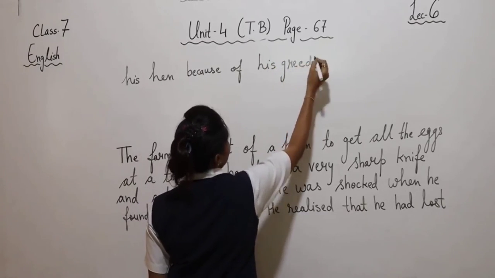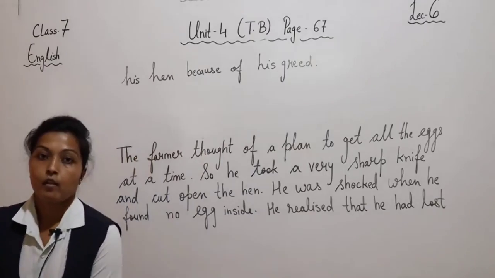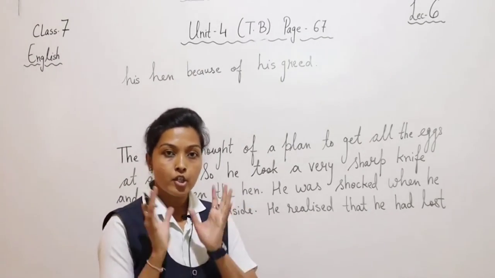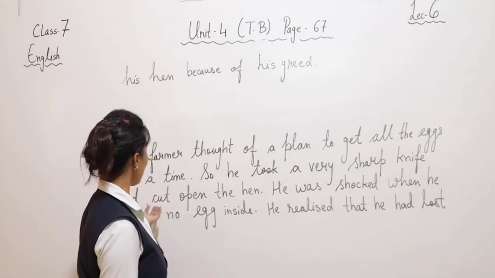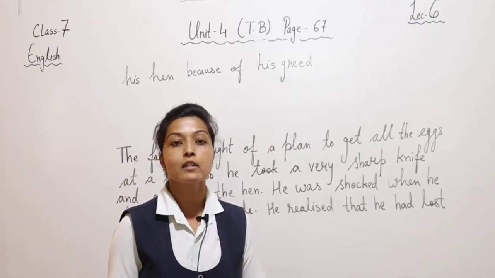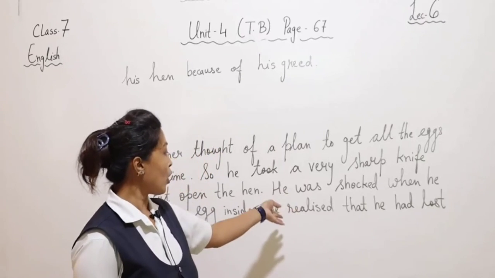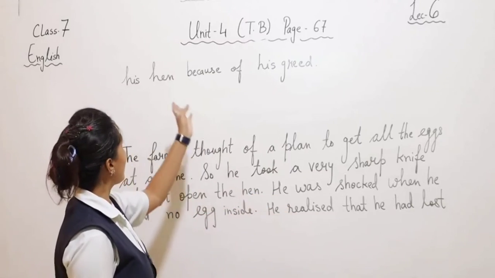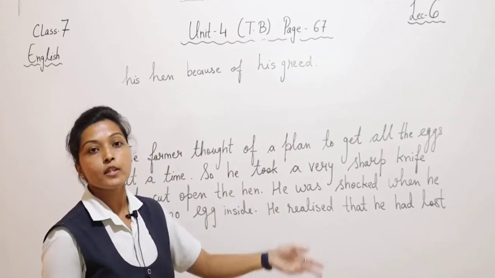Now see what happened. What he do? He took a knife, a sharp knife, and then what he do? He cut open the hen, and at last what he found? Nothing inside that. So see now what happened. And then after he realized that he had lost his hen because of his greed.